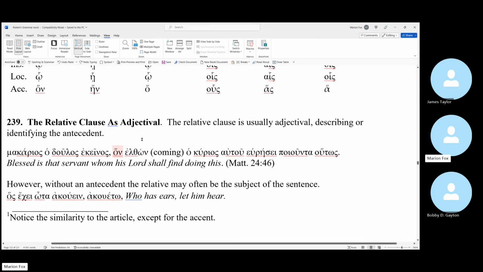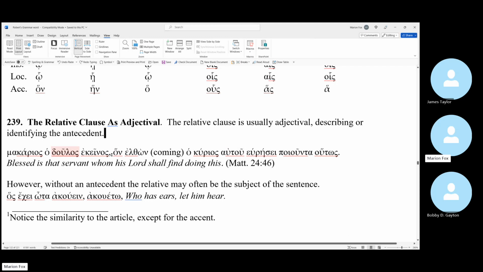Makarios ho doulos, hon elthon ho kurios autou heurēsei poiounta houtōs. Blessed is the servant, this servant, or the one that, and whom.